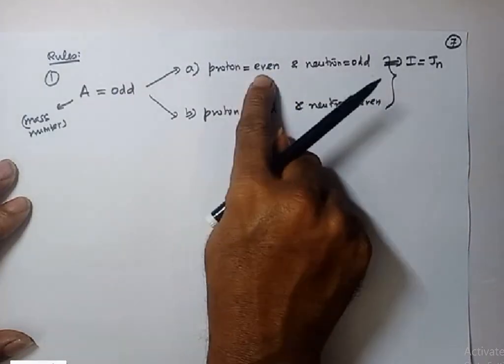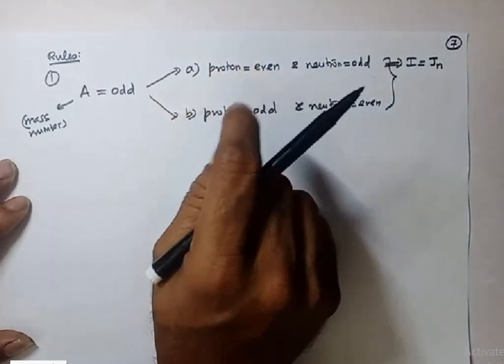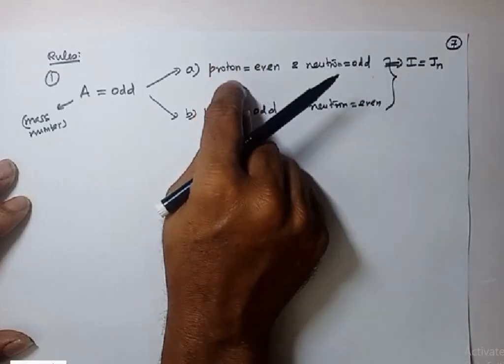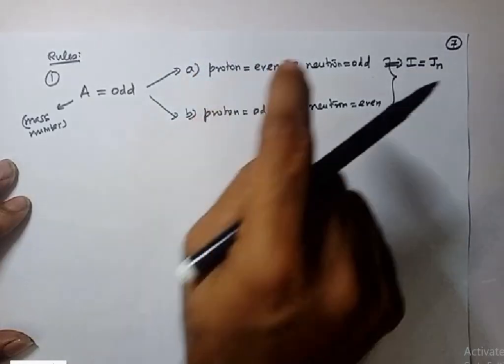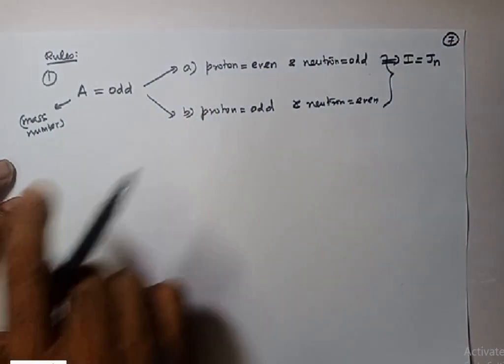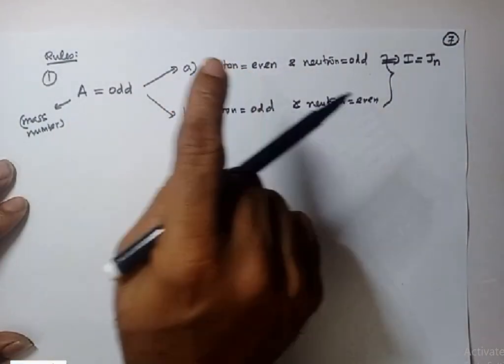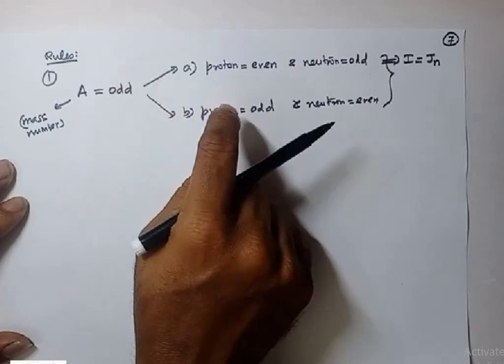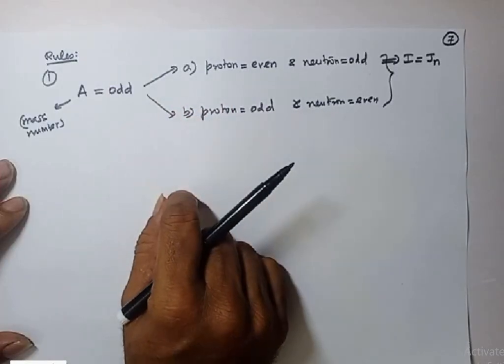Because the proton number is even, I repeat, proton interacts with proton, and neutron interacts with neutron. This is the point you should keep in mind. If I have an even number of protons, one proton and the other proton cancel each other.